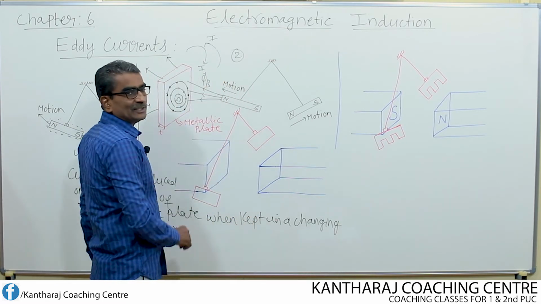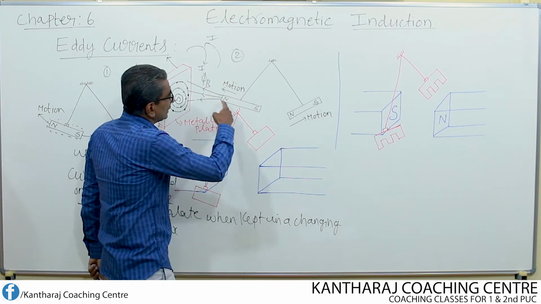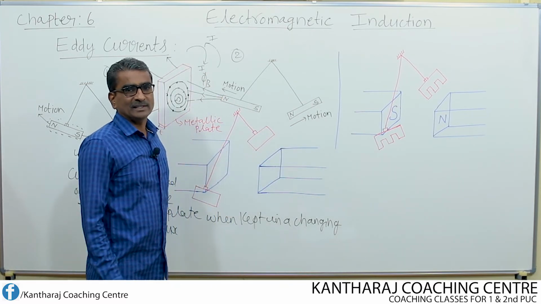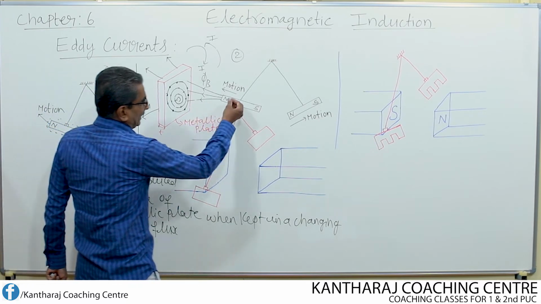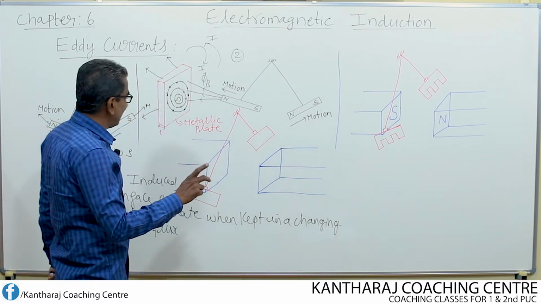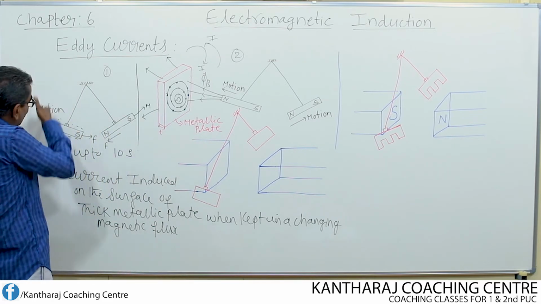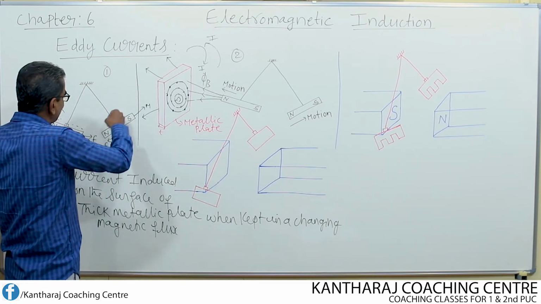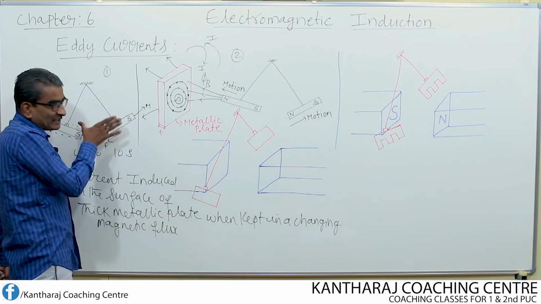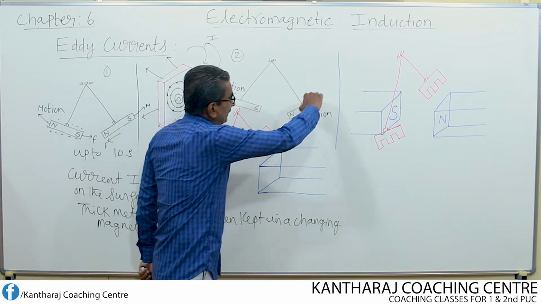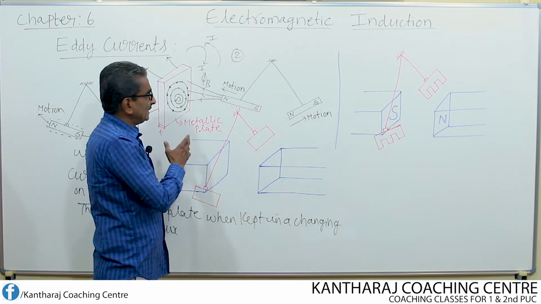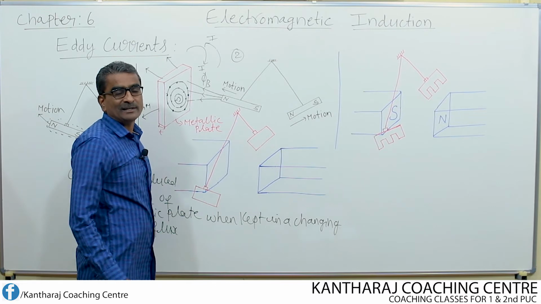Now as a result of this, what happens? The oscillation of the magnet ceases quickly. If I set the magnet to oscillate with a certain amplitude, as I did in the case without the plate, and now with the same amplitude I set the same magnet to oscillate by keeping one thick plate in front of it, what happens?